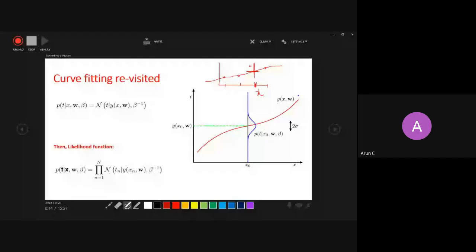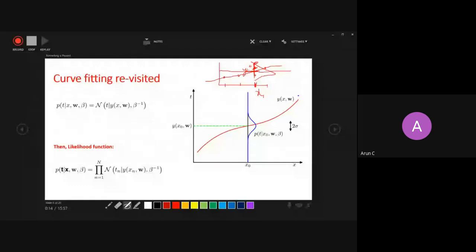Let's name it x1. I will get y1 here with maximum probability, and with lesser probability I am getting points which deviate from y1, normally, as a Gaussian distribution.